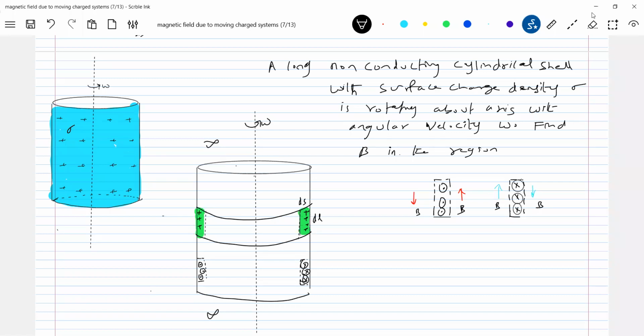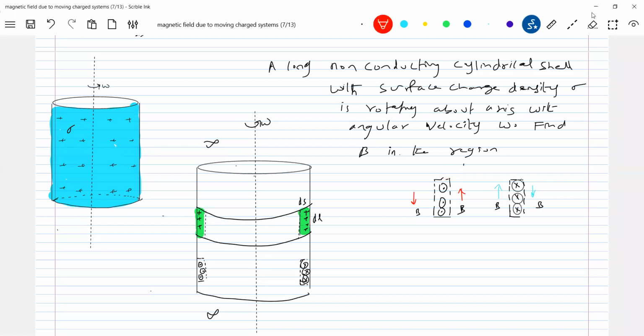And what about here? The velocity is into the plane here. I'll show like this, this will be out of the plane.